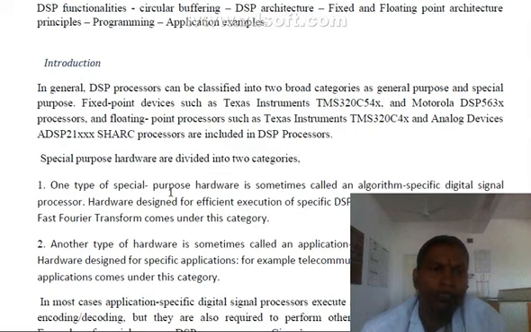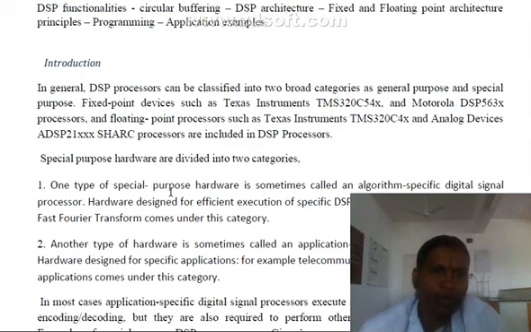These are some of the processors in the two broad categories, general purpose and special purpose. In both we consider a fixed point representation and a floating point representation. Fixed point means 320C54X, and floating point representation processor means TMS320C4X processors.